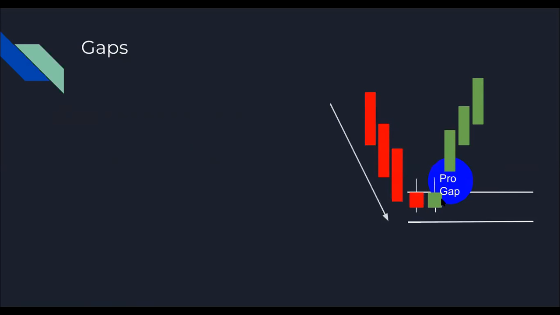Because only they will have the capacity to cause the price to move in an opposite direction. So these kinds of gaps, we call the pro gaps, or gaps which are caused by professionals.